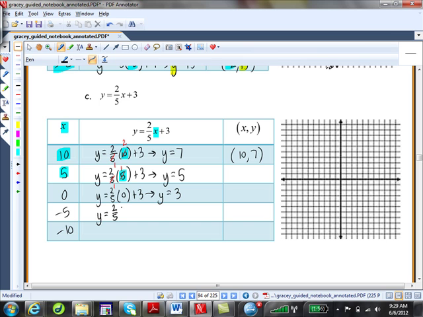Plugging in -5 for x. We will have, you'll get a -1 there. So we'll get 2 times -1 is -2. -2 plus 3 is 1.